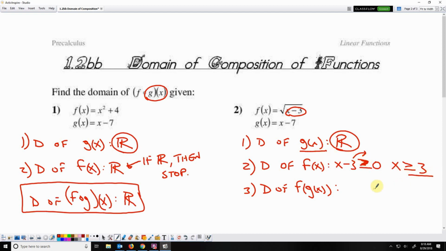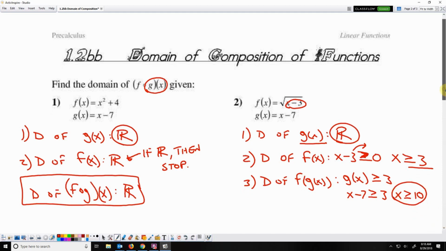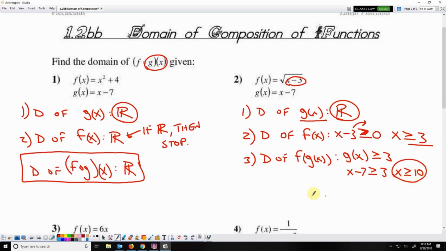From 2, greater than or equal to 3. So g of x is x minus 7. So x minus 7 has to be greater than or equal to 3. And when I move that minus 7 over, I get x is greater than or equal to 10. And I'm going to circle that. When I have a step 3, I'm going to use that in my final answer as well.